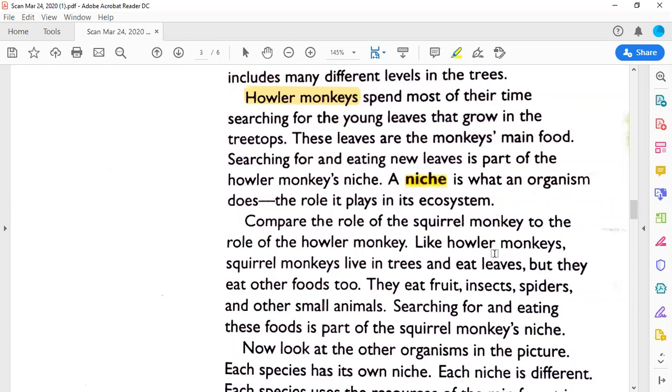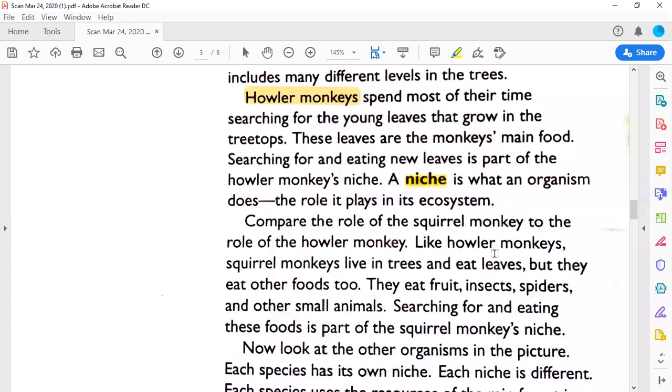On the other hand, the squirrel monkey, the role of this monkey is similar, and well, it said that these squirrel monkeys also eat leaves, but they eat other foods too, not just leaves. So this is how they are different. So they have different niches.